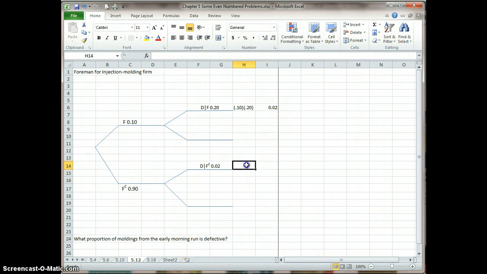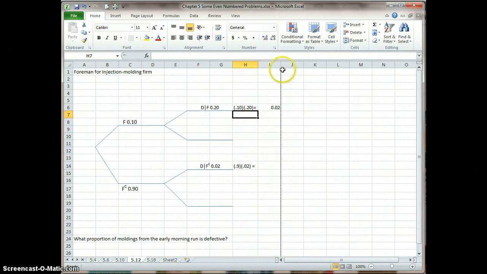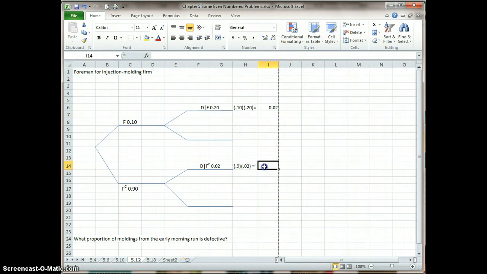And the other case is down here, where it's going to be 0.9 times 0.02. I guess I should really put an equal on the end of that, as well as up here, just to make it a little clearer. And in this case, then it's going to be equal to 0.9 times 0.02, hit enter, 0.018.